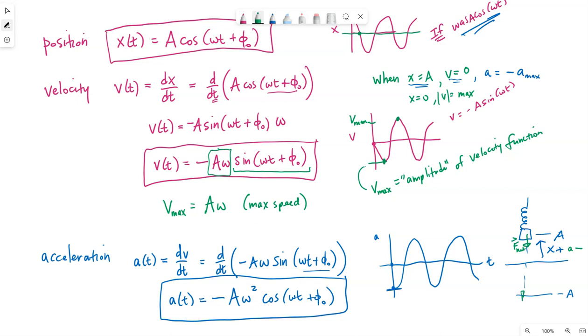If the mass was all the way down here, its position would be negative because it's below equilibrium, but the mass itself is experiencing a net force upwards. The acceleration will be positive. The acceleration is always opposite the motion. We call this situation, there's some sort of restoring force. The net force on the object is always trying to bring it back to an equilibrium position.